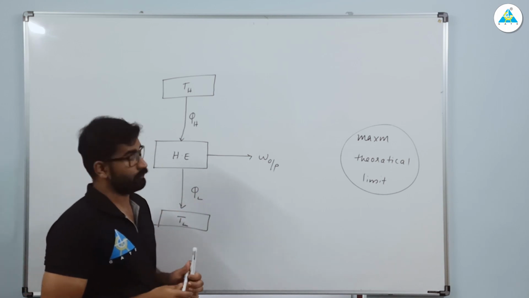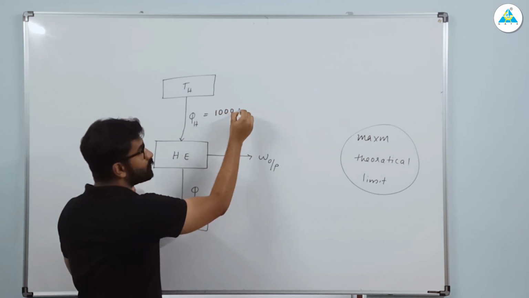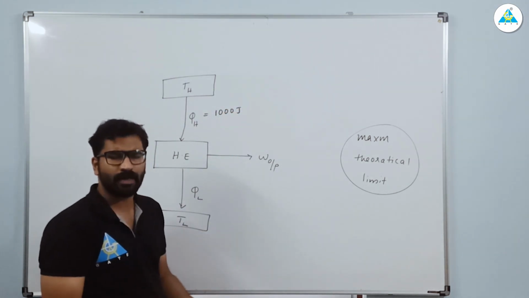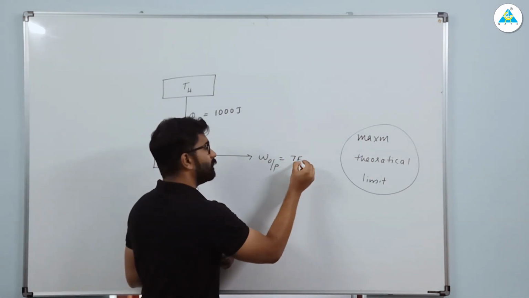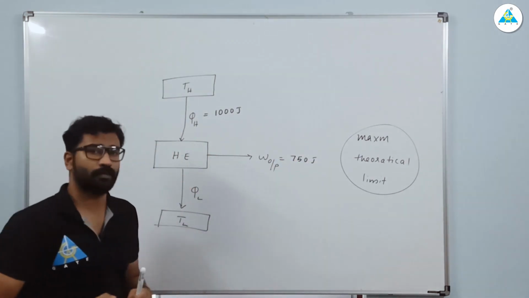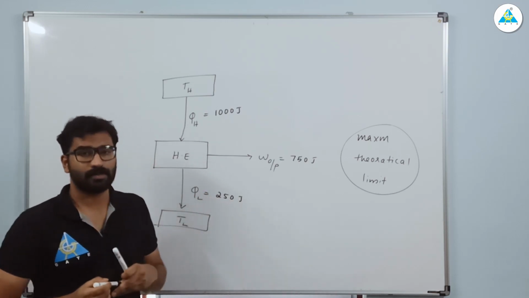Clear? I had said that if, for example, QH is 1000 joule, the maximum we can get is what? Below 1000 joule. For example, sometimes the maximum work output we can get is 750 joule. The remaining 250 joule we have to send back to the surroundings.